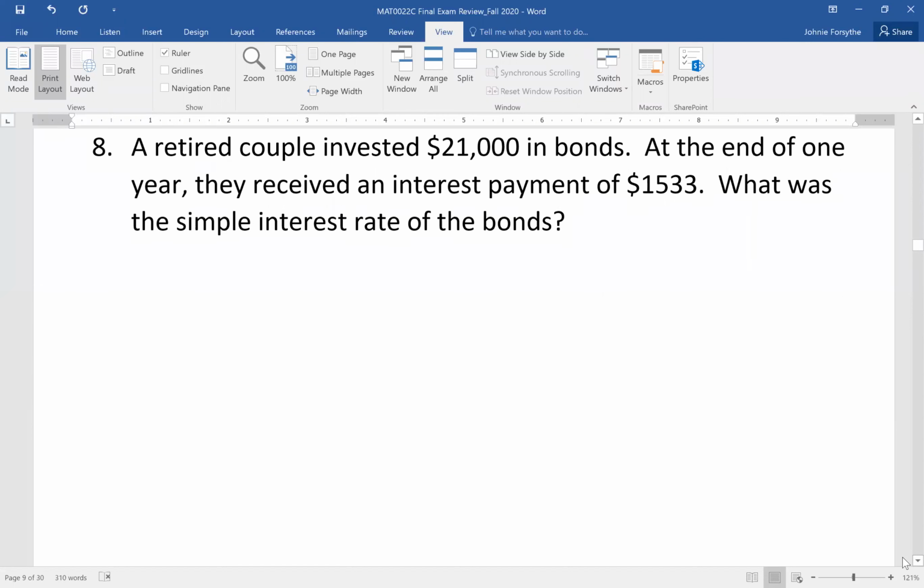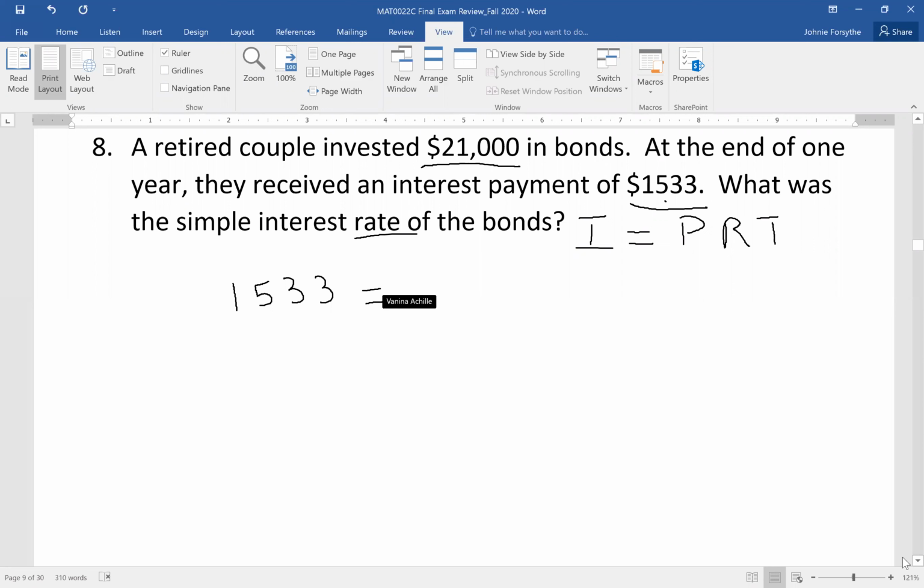Okay, so we have a simple interest problem, and we have basically all the information that we need. We have the principal here, 21,000. We have the interest payment here, and we are looking for the rate. So using the formula, I equals PRT, the interest, which is right here, is $1,533.